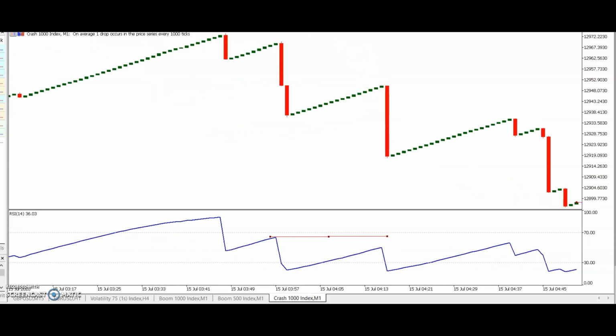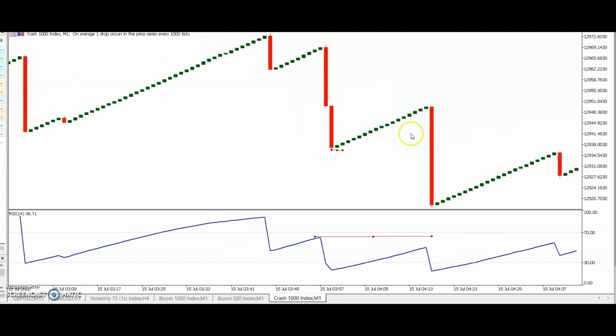First of all, you have your peak formed here. Like I said, this is a pretty difficult strategy to identify, but once you identify the levels, then you're good to go. So first of all, you have to identify a peak.